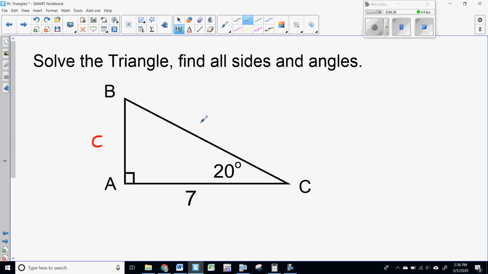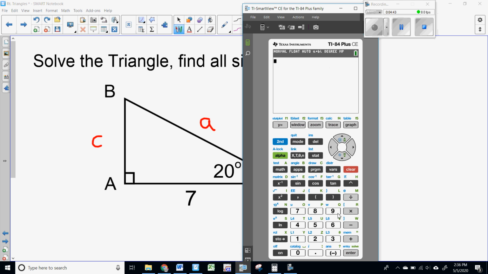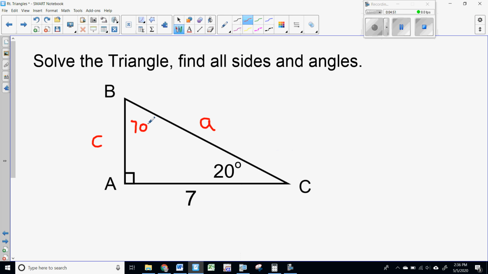This is angle A, so we know this is side a. Because we know those two angles add up to 90, we can take 90 minus 20 and get 70. So this angle right here is 70.